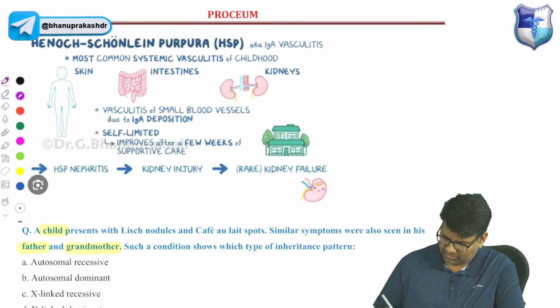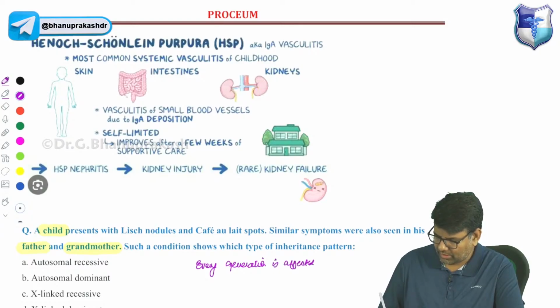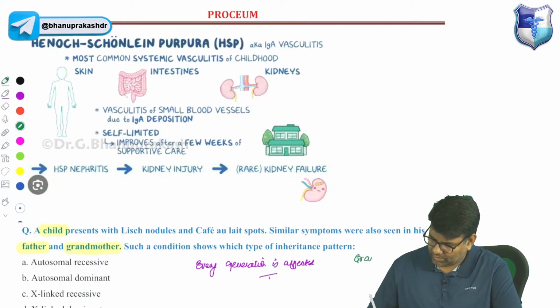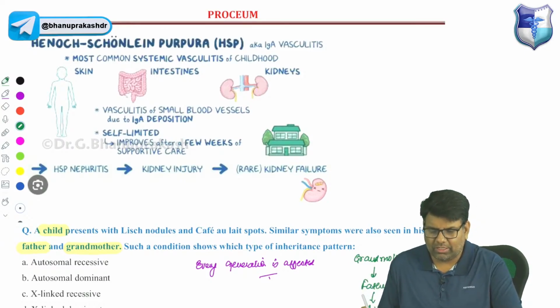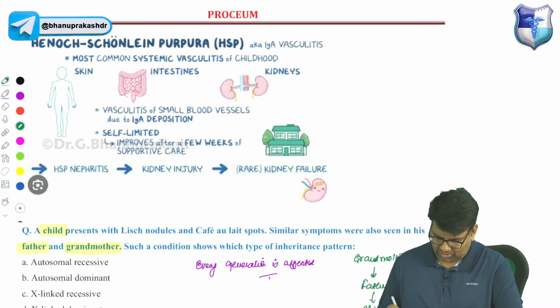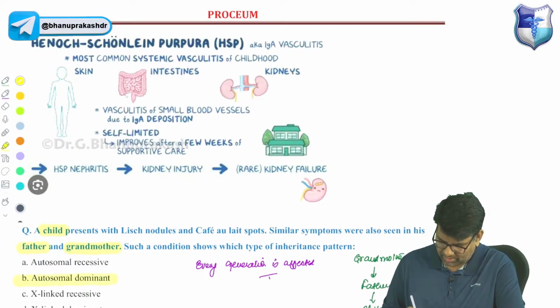Here what we see is that every generation is affected, starting from grandmother, then father, and finally the child. So the disease is manifesting in every generation. Very good, Puneet. So this is a typical autosomal dominant.